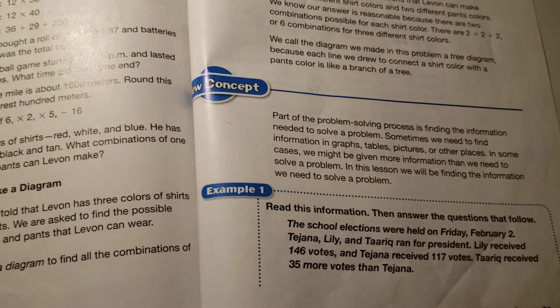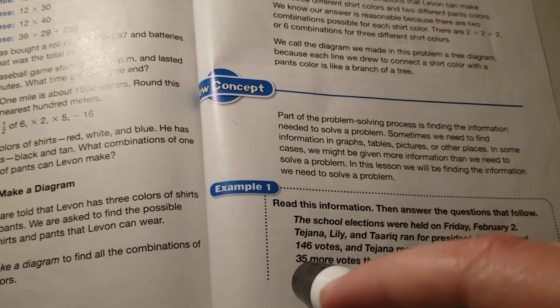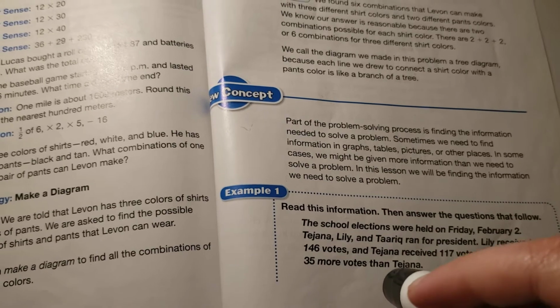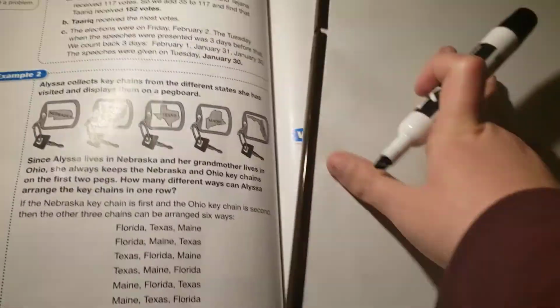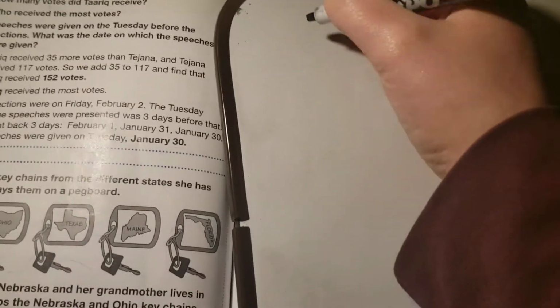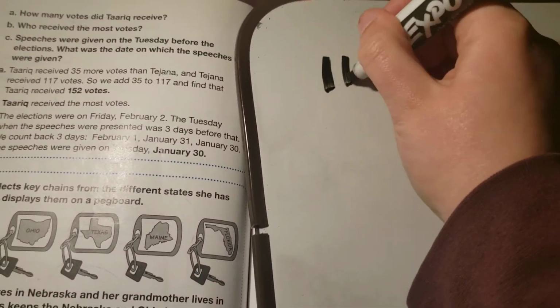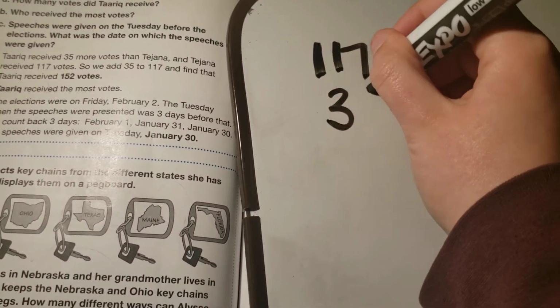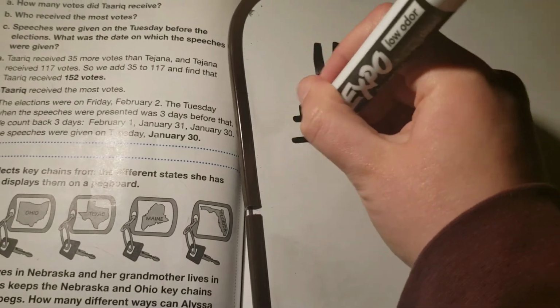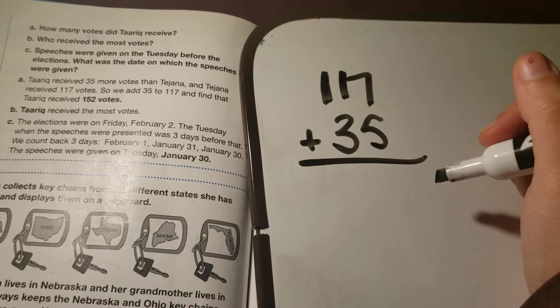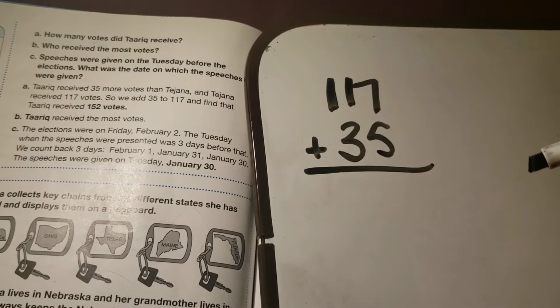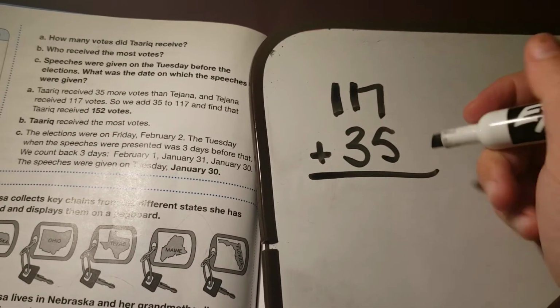We can know that Tariq received 35 more votes than Tehana, and she received 117. So she received 117, and he received 35 more, means adding more votes. So 7 plus 5, 10, right?